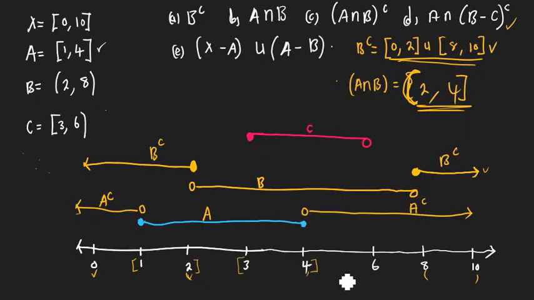Okay, so this is where x and a complement are meeting. So it's a set from 0 included to 1, the union of 4, because 4 is not part of a complement, so we're going to write open circle up to 10 included.